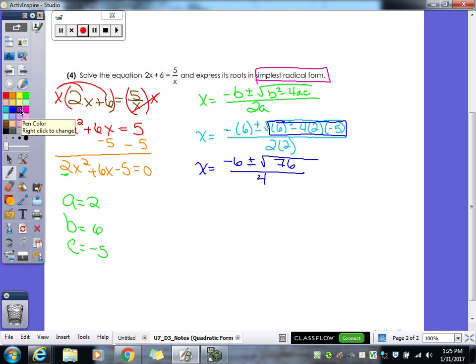So again, we have to kind of step out of the problem for a second. We need to simplify our 76. So we got to find the largest perfect square that goes into 76.